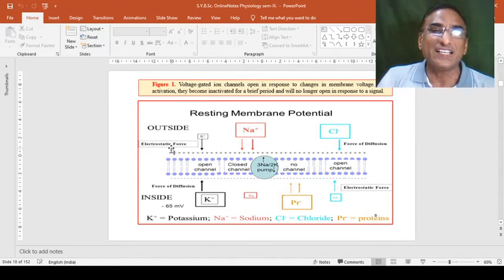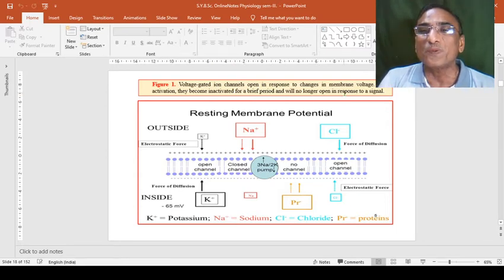Actually, there is an electrostatic force and voltage generally created in our membrane. Therefore, we call them voltage gated ion channels, which open in response to changes in membrane voltage. After activation, they become inactivated for a brief period and will no longer open in response to a signal.